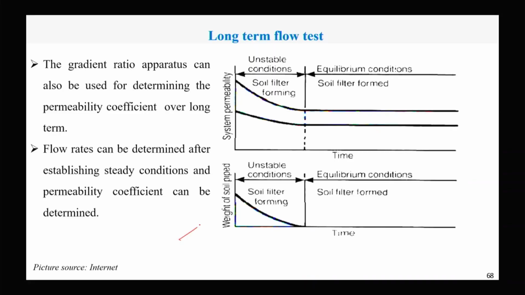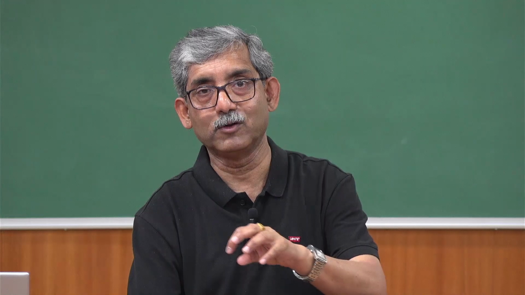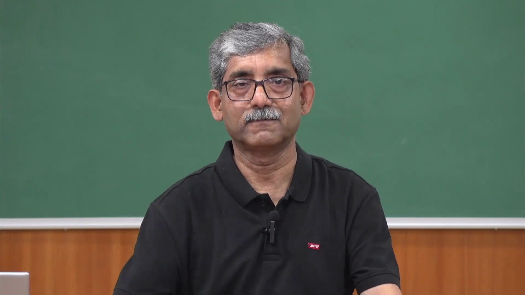This bottom line is soil piping. You can see initially there was soil piping, but after a certain time soil piping stopped. In that case, soil filter formed. As I have told, initially the piping will be there a little bit, and then the soil filter will form, and then equilibrium is reached. So this is the soil filter formation time.